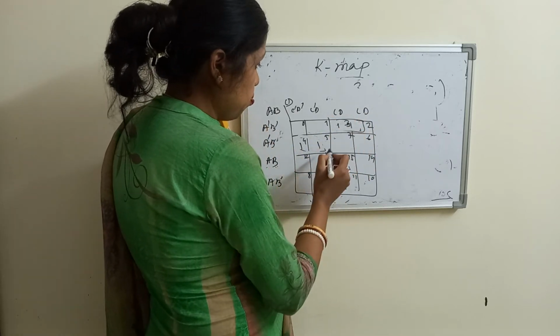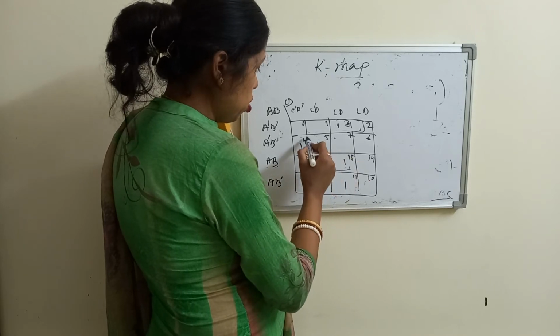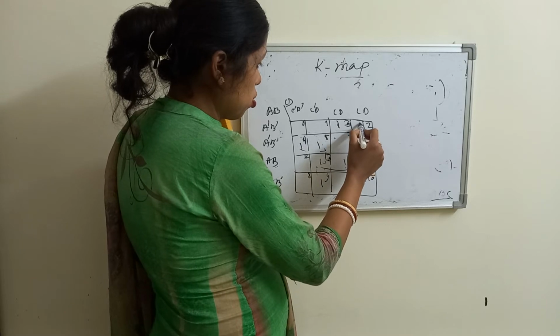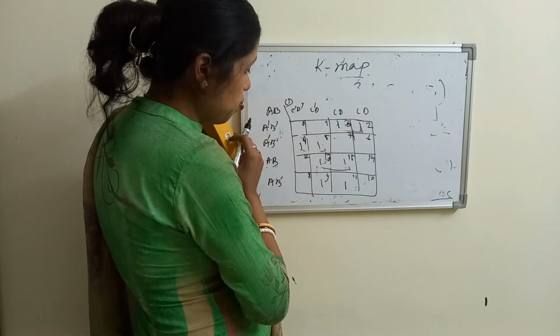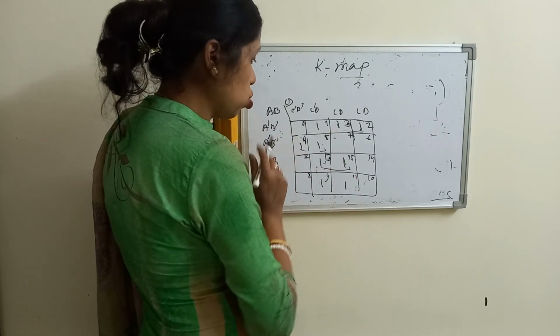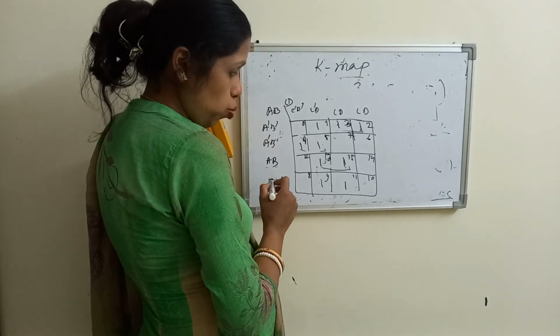This 3, 13, 15, 4, 5. Here it is also 1, here it is also 1, here it is also 1, here it is also 1. Now how will we do?